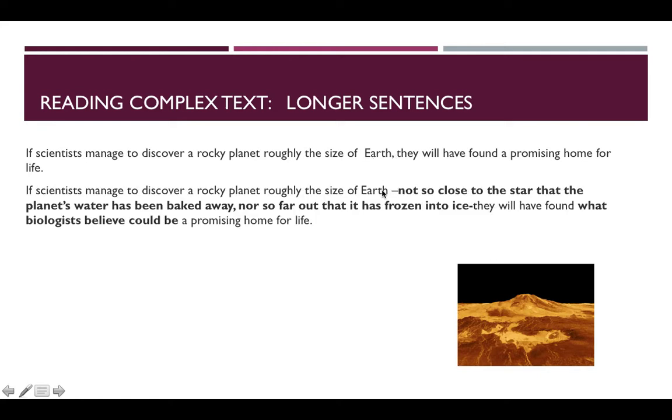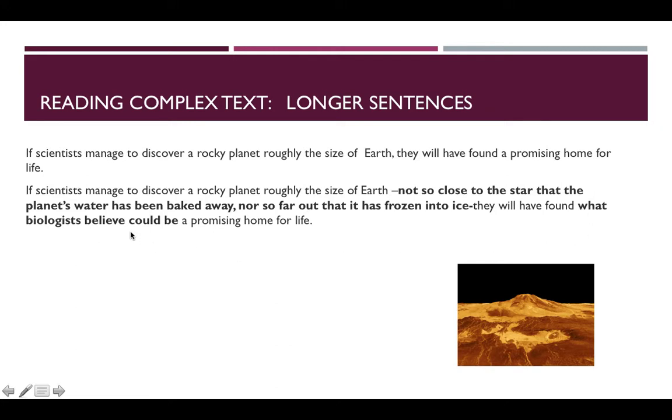Not so close to the star that the planet's water has been baked away, nor so far out that it has frozen into ice. And here's another one: what biologists believe could be a promising home for life.